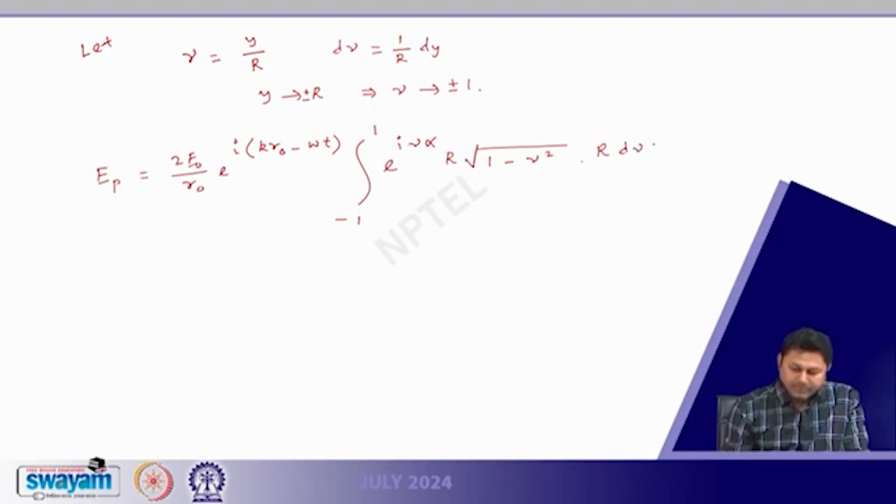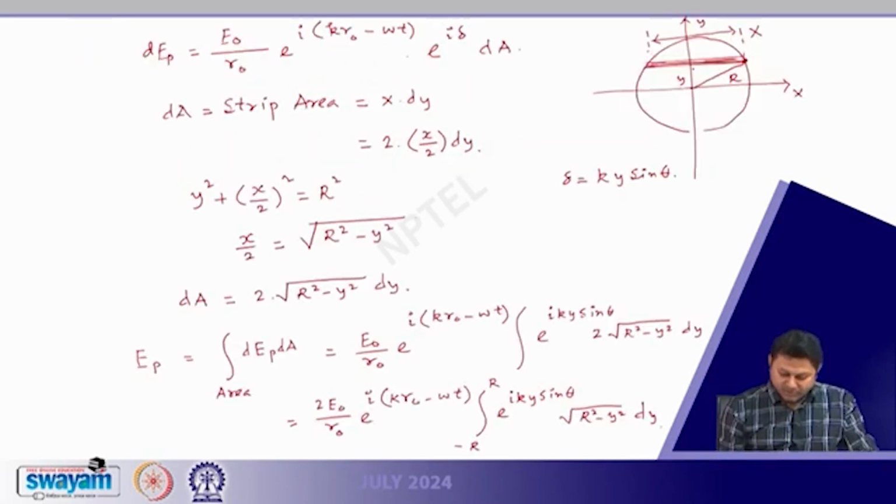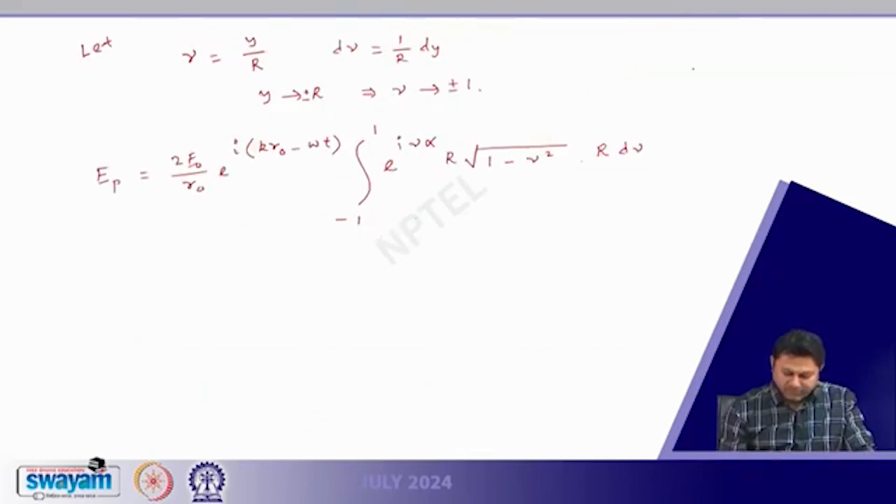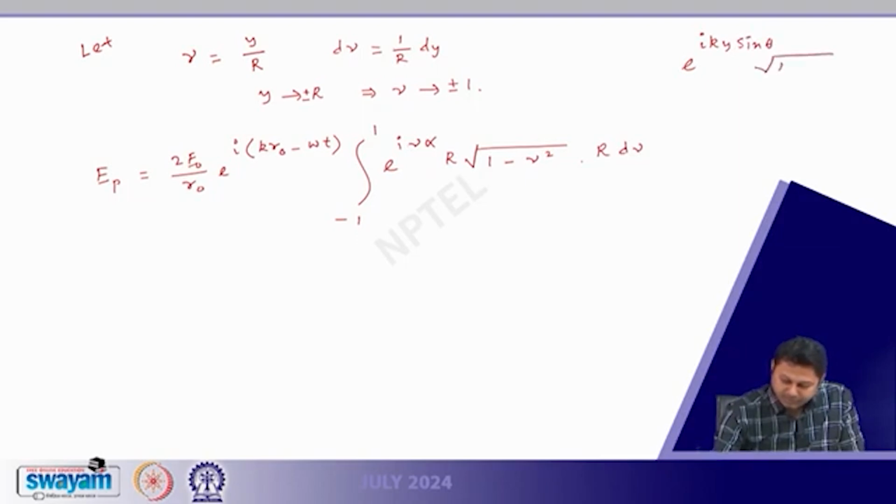Okay. Now my alpha is, so let me write down here in the previous equation what was there, it is e to the power of I k y sin theta, that was the term, and then root over of r square minus y square term.